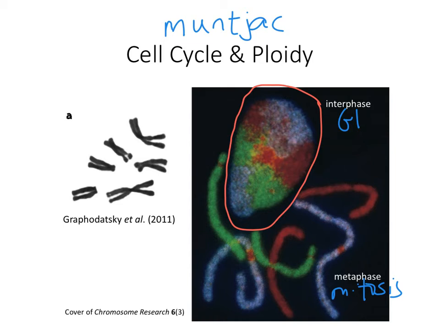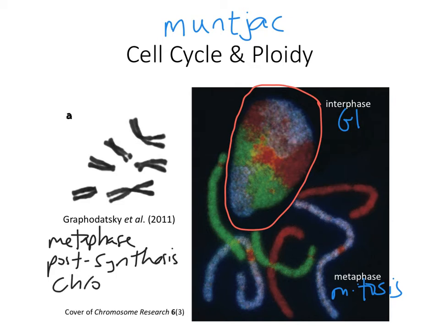So at metaphase, that's after synthesis. So now we're talking about chromatids. Under your definition, it should be tetraploid, right? I'm talking about chromosomes. The definition is, after synthesis, there are only chromatids until cell division completes.